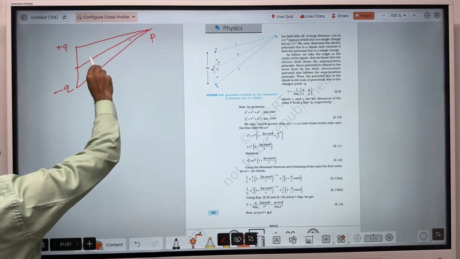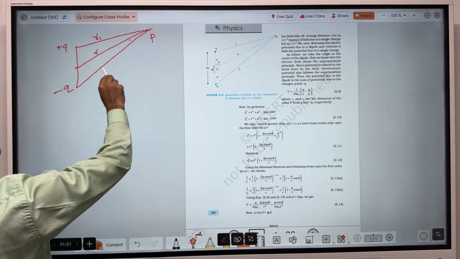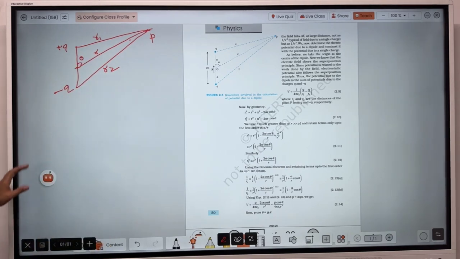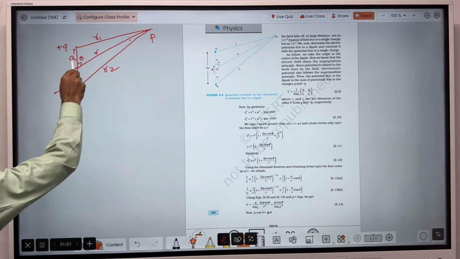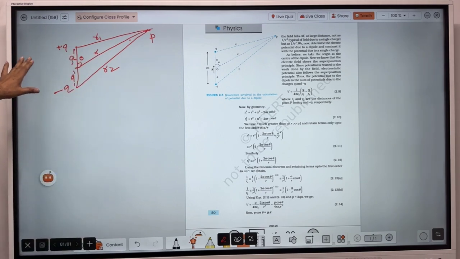So suppose this vector is r vector, this is r1, this is r2, this angle is theta. I think you have understood the point. Here this distance is a, up to here this is a, because you know that a dipole is made up of two charges with separation 2a.